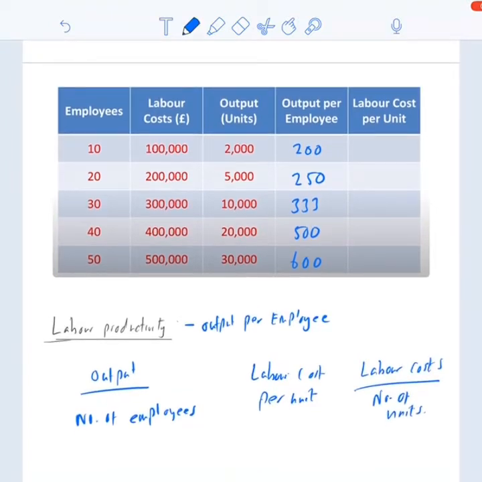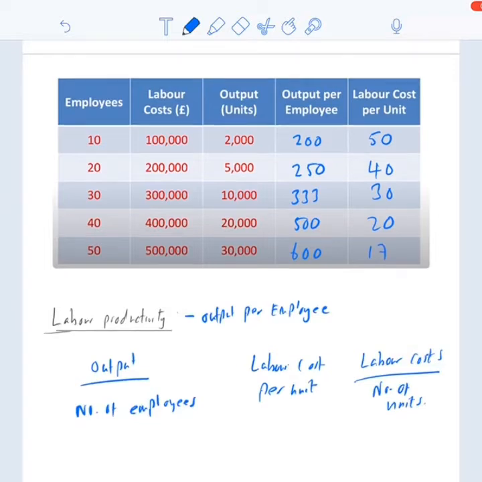Okay, so we should have an answer. So labour costs of 100,000, divide that by the number of units of 2,000, and we should get an answer of 50. And then 40, 30, 20, and 16.6 recurring, so we can round that up to 17.